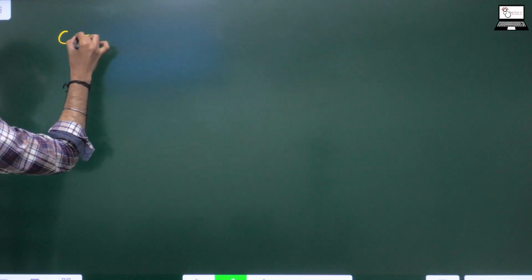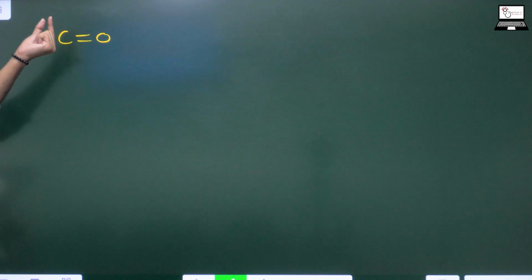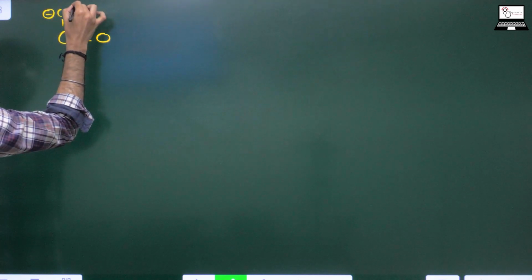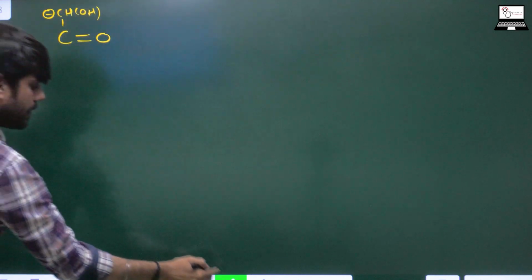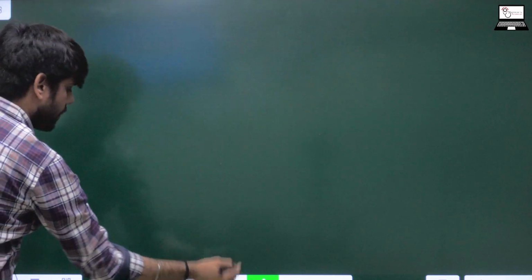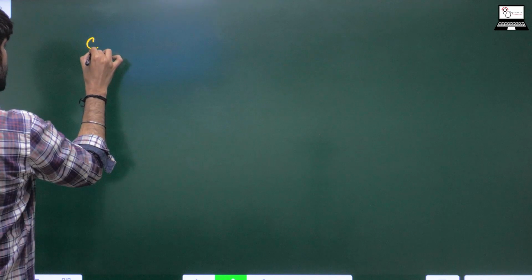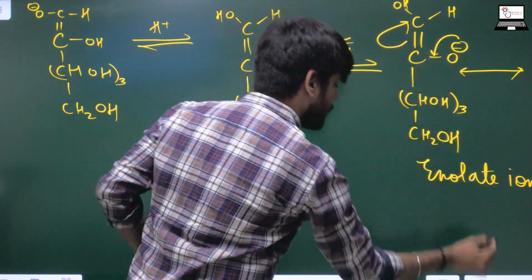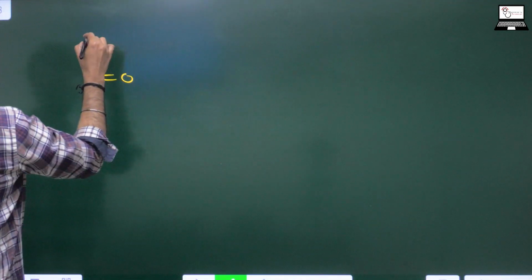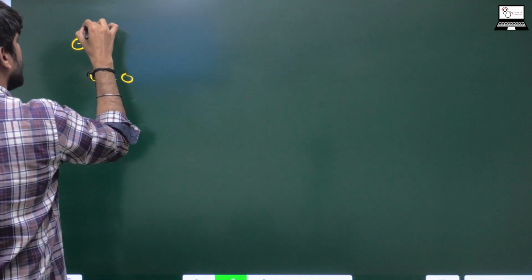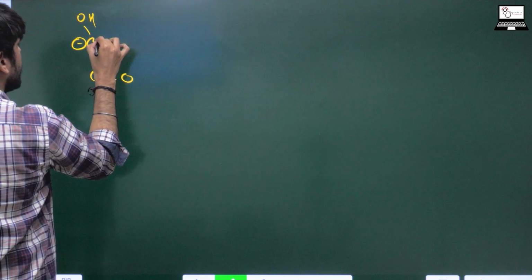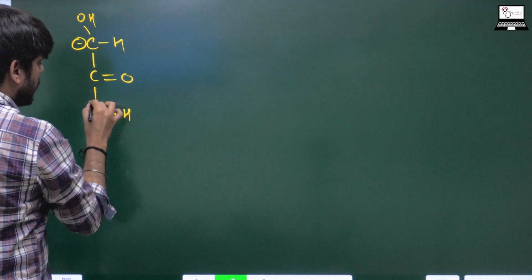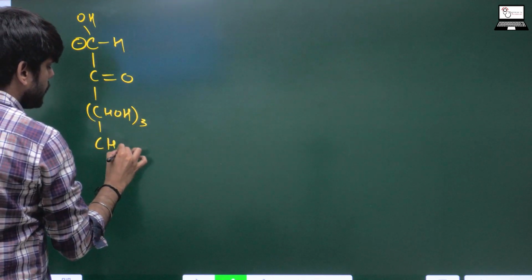So I have C double bond O, and this is C negative, and OH is there. Let me write it this way. This is C double bond O. Basically this goes here, and this is your C negative, OH and H, right? And this is CHOH whole thrice, CH2OH.